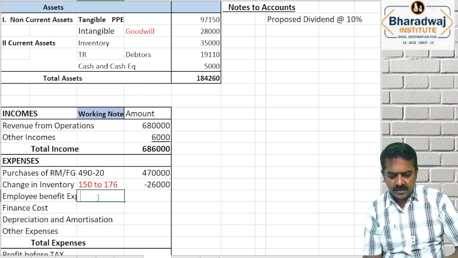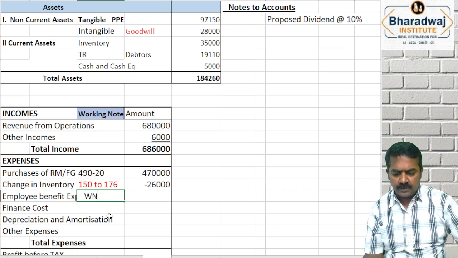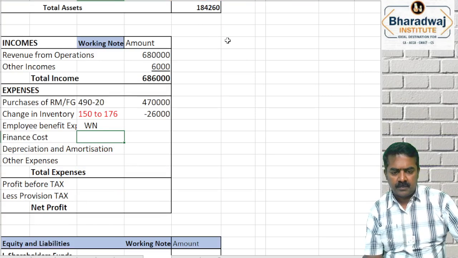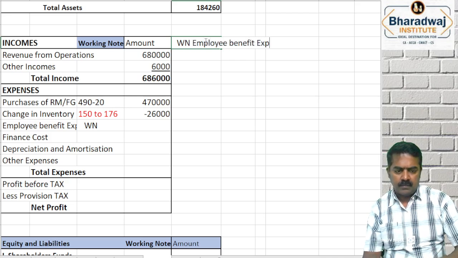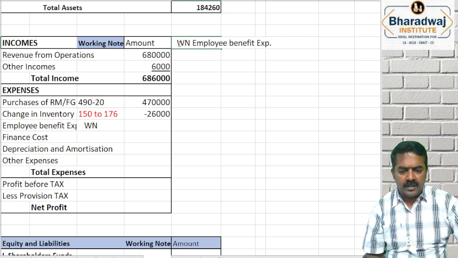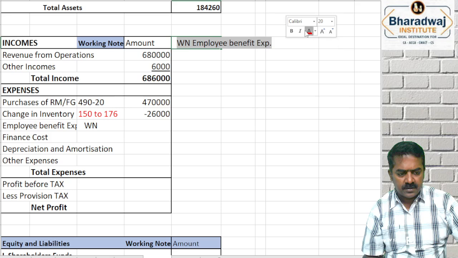Employee benefit expenses. Let us prepare the working note. You work out and tell me how much employee benefit expenses.